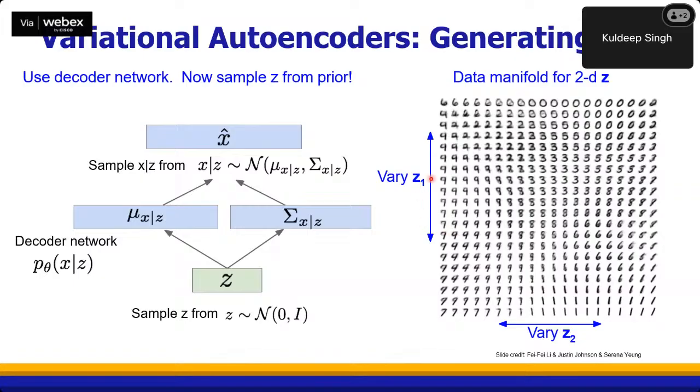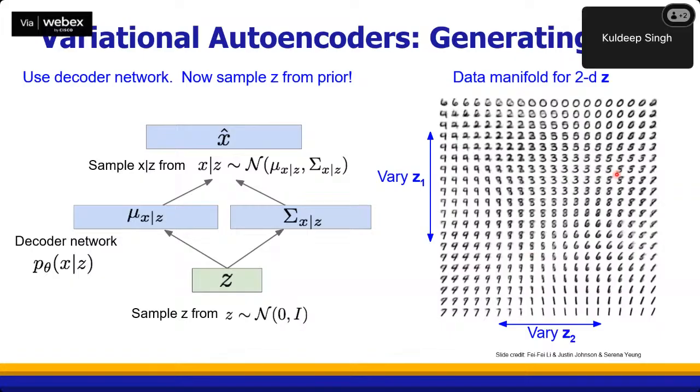Now, if we vary the values of these two latent attributes, Z1 and Z2, we can vary the shape of these digits. So we can have different dimensions of this latent space. You can have 3-dimension, 4-dimension, or n dimension.